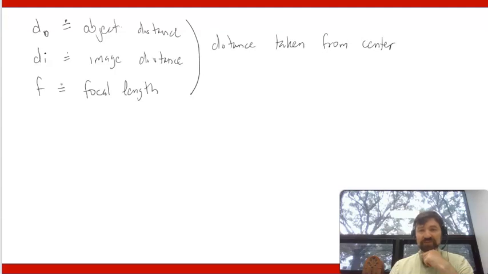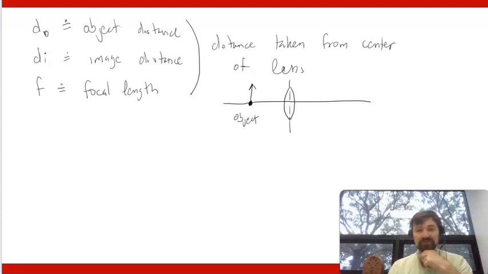Now with a thin lens, we basically treat it as if it has a thickness of 0, and so the lens just is at the center of the lens. By schematic, if this is representing my lens, this little dashed line that I've drawn is the center of my lens. And so if I have, let's say, an object here, so we'll call this my object, then this distance right here would be DO.